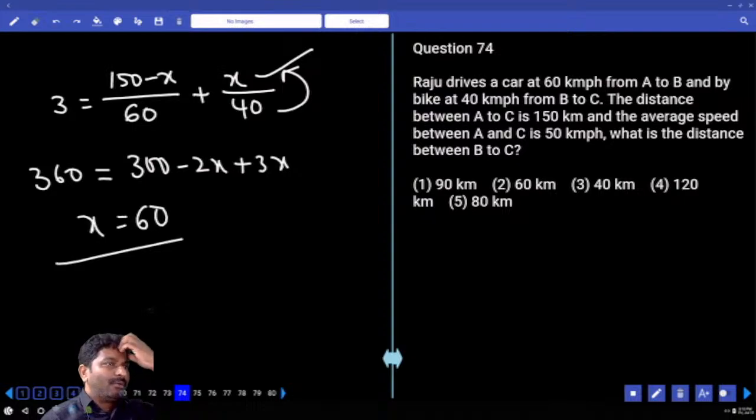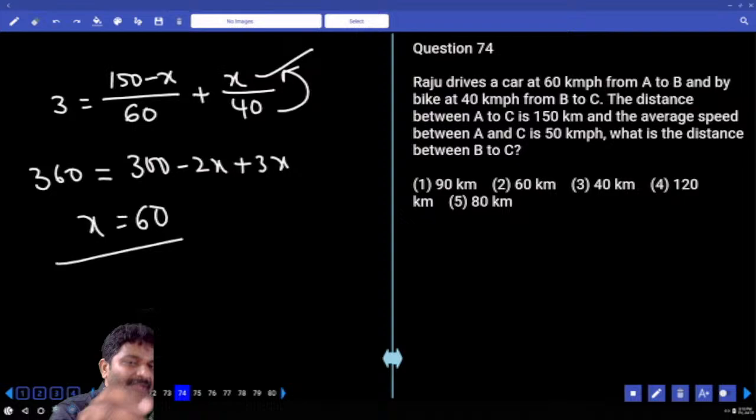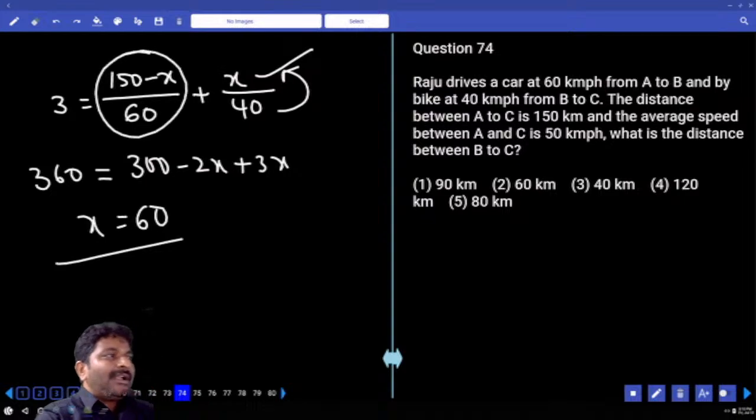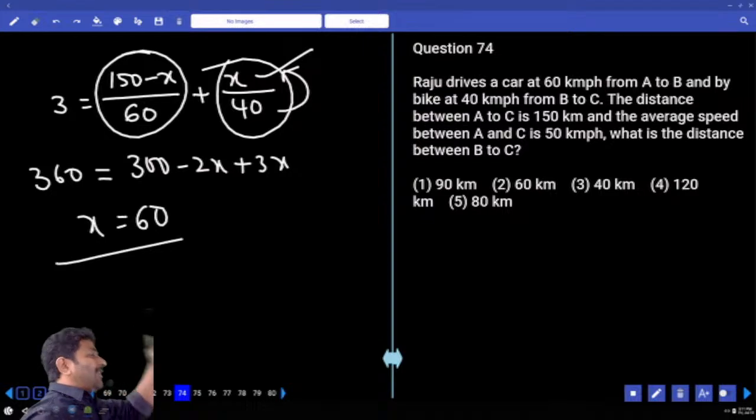40 by 40. If you subtract 40, how much do you get? Is 110 a multiple of 60? So that cannot be the answer. Next one. Even if you calculate 110 by 60, it is less than 2 hours. So here 40 by 40 is 1. Both together are less than 3 hours only. So X value should be more than 40.